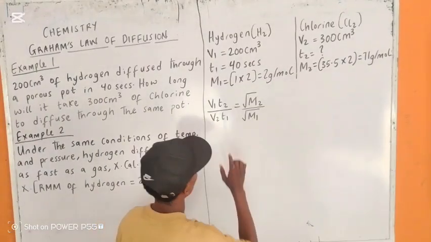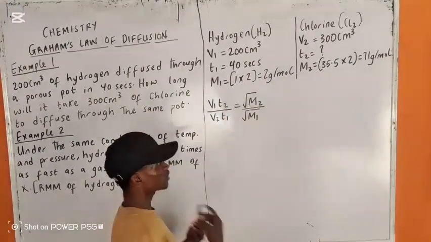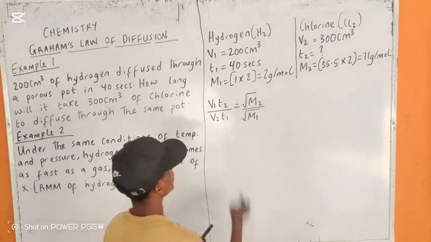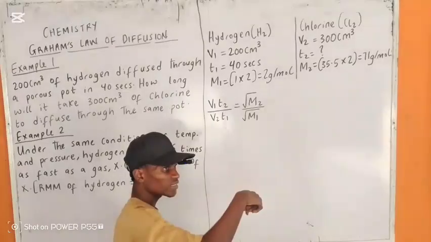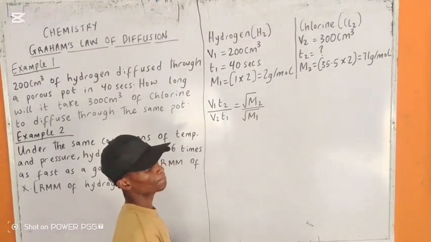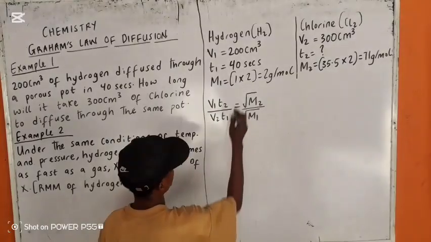Now, we are not given T2. To make our work easier, we can make T2 the subject of the formula. How do we go about that? Just cross multiply.